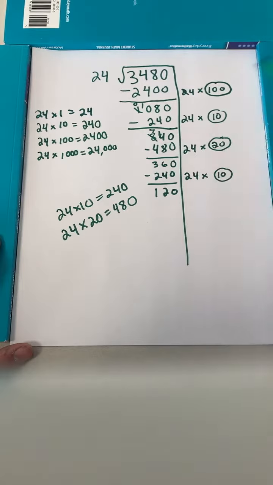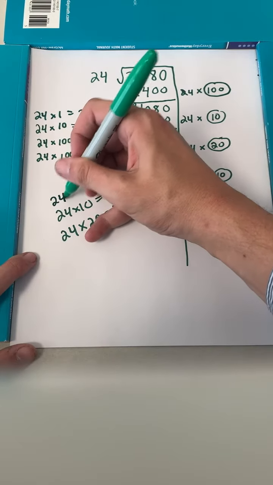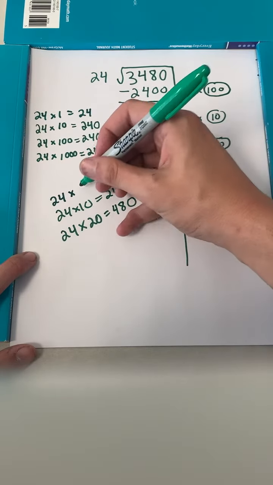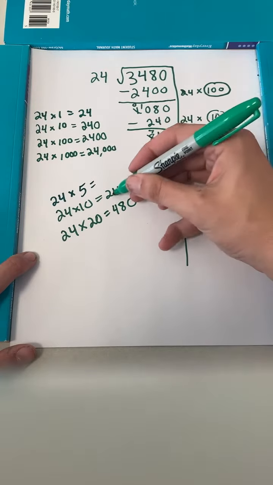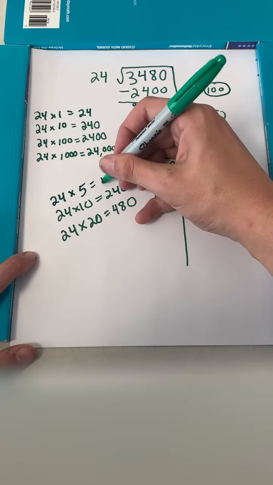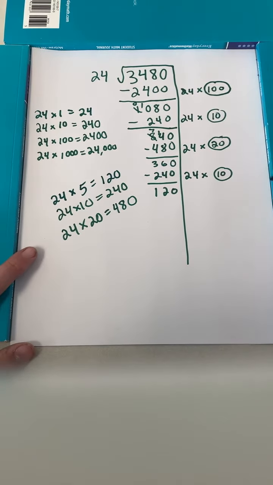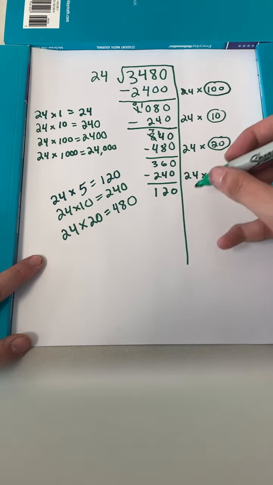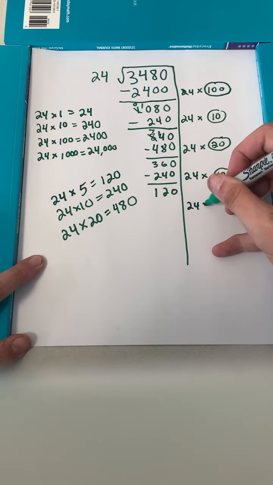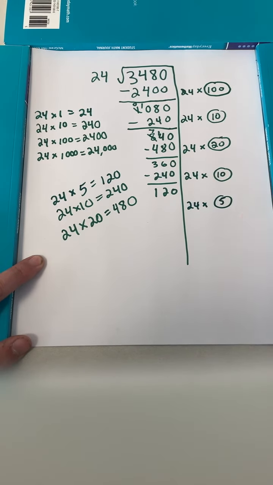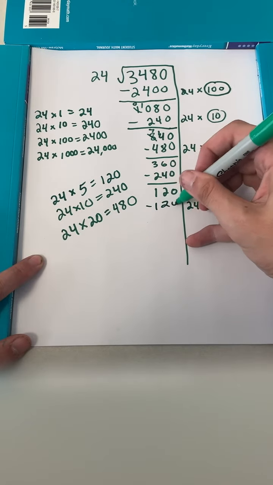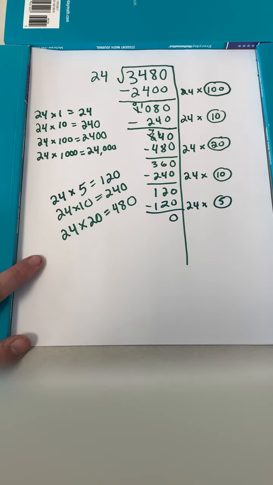So instead of doubling 24, now let's look at half. We know that half of 10 is 5, so then half of 240 would be 120. So now, instead of doing all those 24s, I've used what I already know to take away a bigger chunk. So I'm going to write 24 times 5 over here, subtract 120, and then I get to 0.